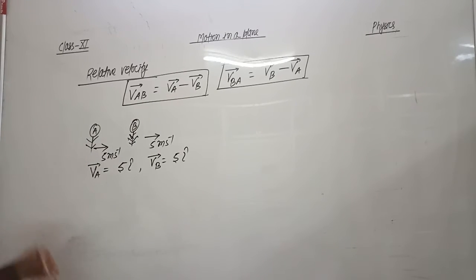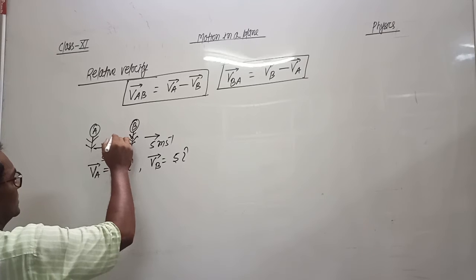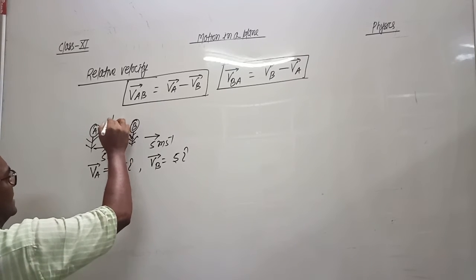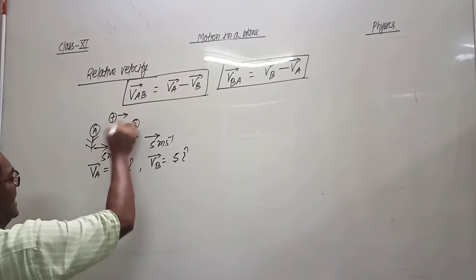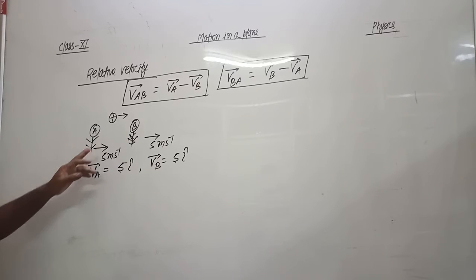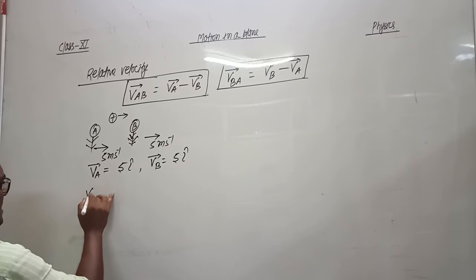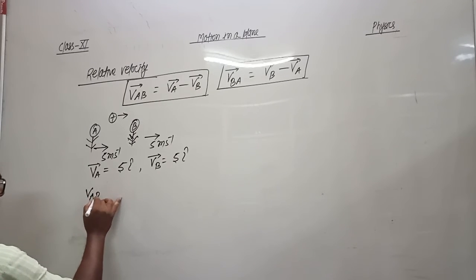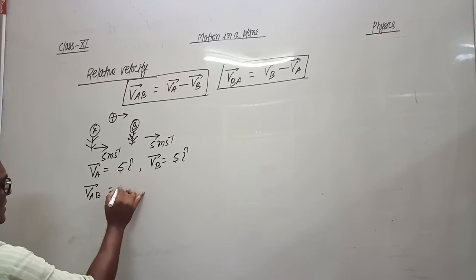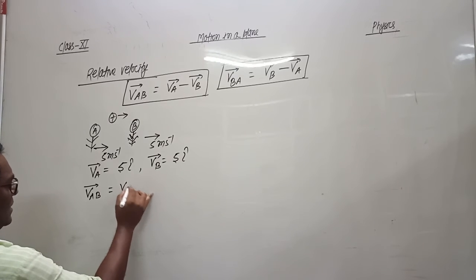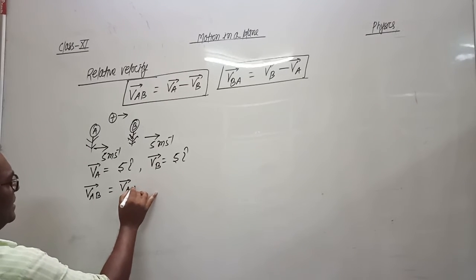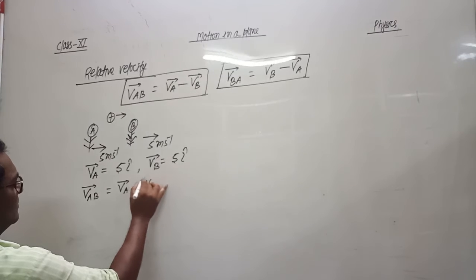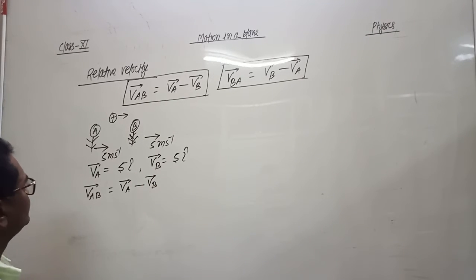Now for finding the relative velocity, we assume a positive direction. Let the positive direction be taken from A to B. So VAB, the relative velocity of A with respect to B, we find using the formula VA vector minus VB vector.